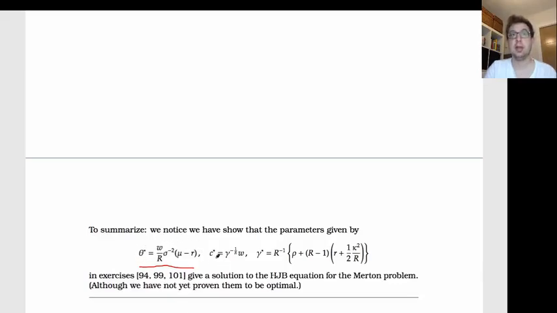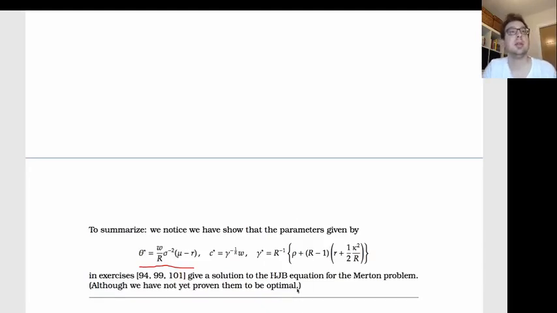Then this is the amount of wealth that I should consume, when the constant in here is given by this expression here. So we've basically found, given a power utility, a set of parameters that optimize your investment.